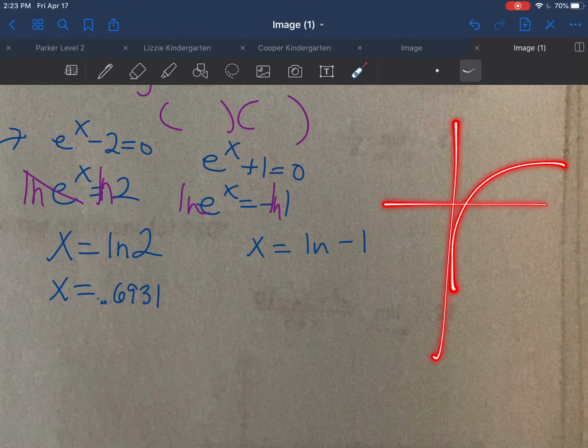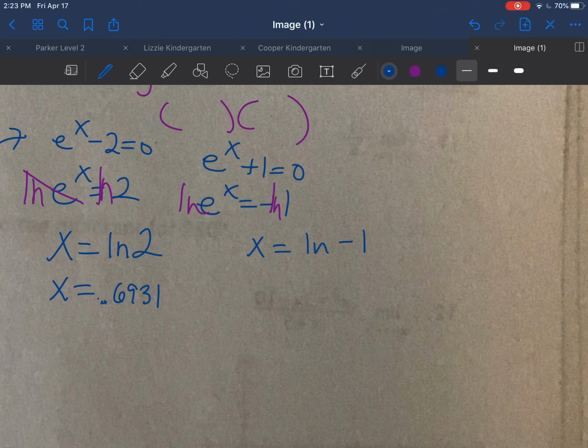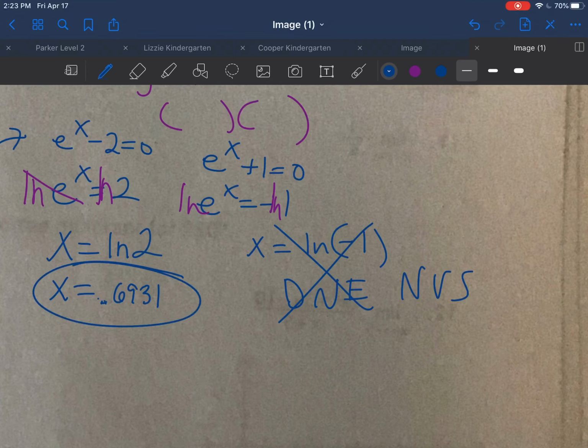There are no negative values for logs. The natural log graph is the same as the log graph. They look the same. So you can't take the natural log of negative 1, which means if you type it in your calculator, it will tell you it doesn't exist, or it's not valid. You would say not a valid solution. So this is your only answer here.